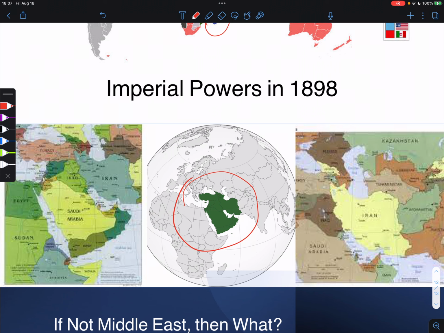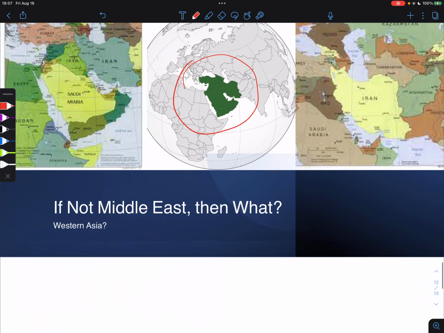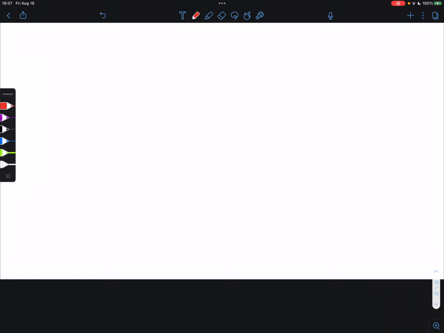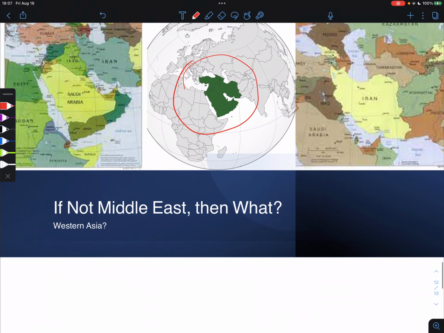It is all a confused mess of identification. So if not Middle East, then what do we call it, right? Then this is Western Asia, or better yet, Southwestern Asia, right?